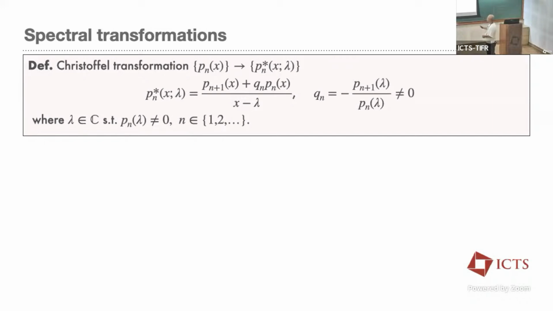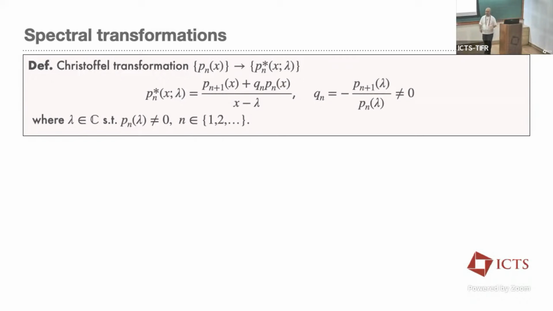But if Qn is taken as this one, then if we put x to lambda, the denominator and the numerator have a zero factor, so it should be cancelled, which gives us a corresponding degree of polynomial. So Pn star is also an nth degree polynomial, different from the original Pn.